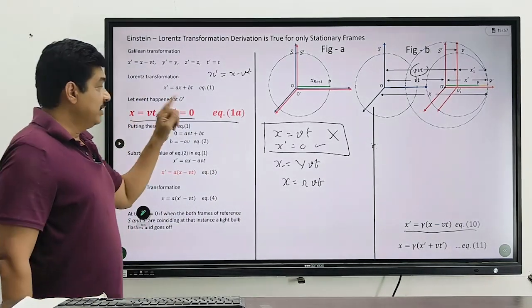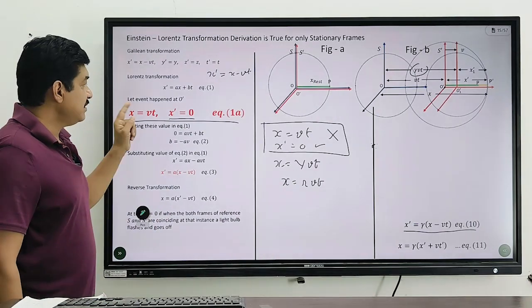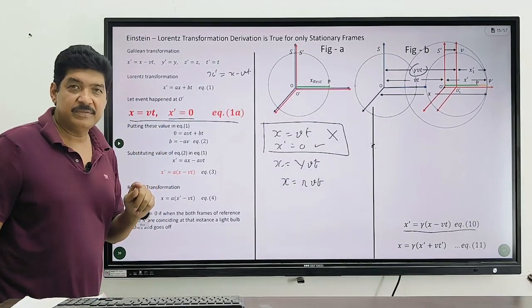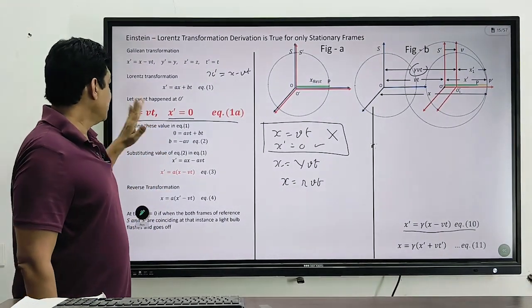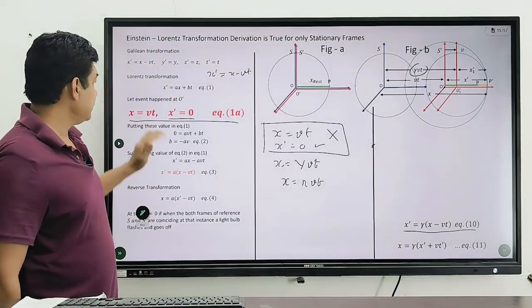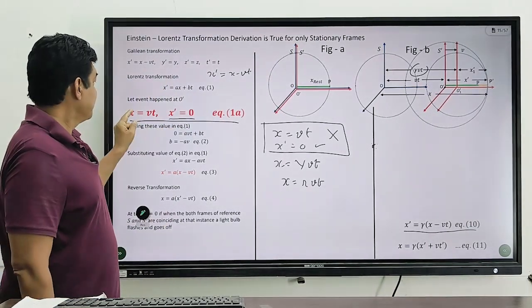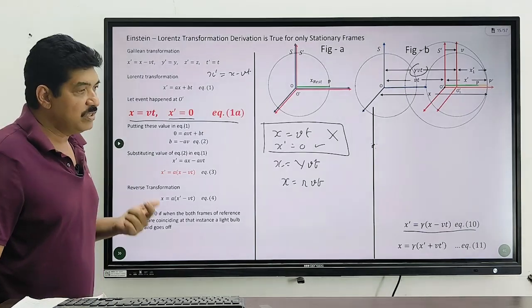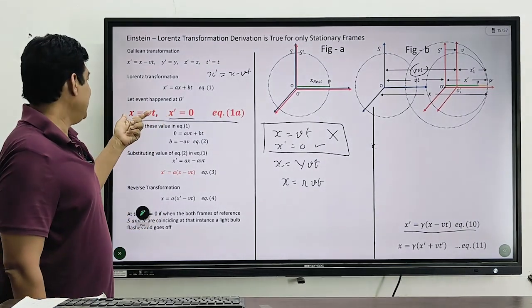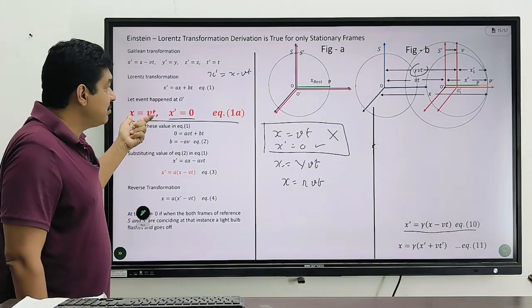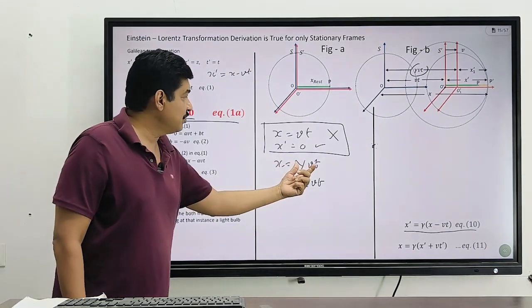Now this error, if we consider, okay, this is right, they have taken this assumption as right. Now in what circumstances is x minus Vt actually equal to x minus Vt, not x is equal to gamma Vt?